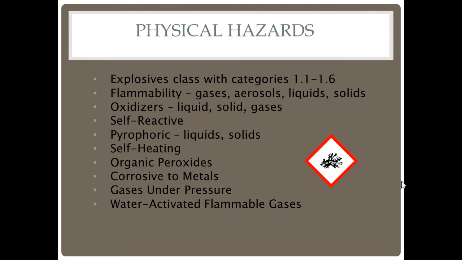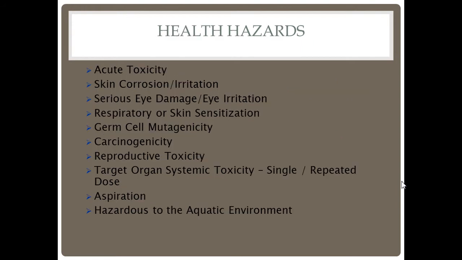Physical hazards are things that could explode, be self-reacting, corrosive, gas under pressure, those are all types of physical damage. But types of health hazards are where it's going to give you, mutate your genes, cause cancer, it's toxic to you, toxic to water, could take out, steal away your oxygen. That's a health hazard.